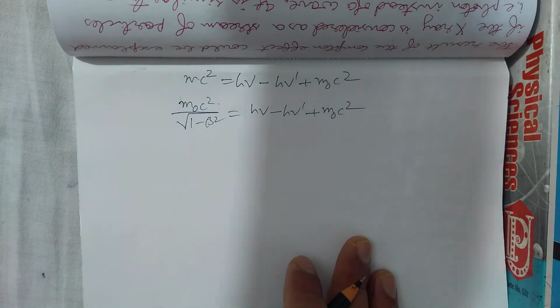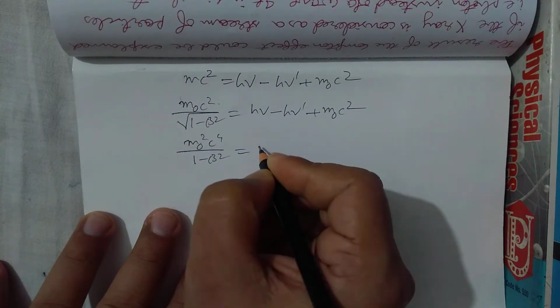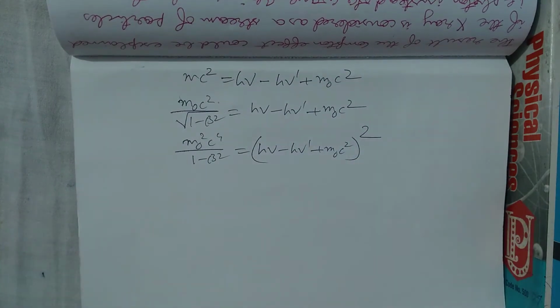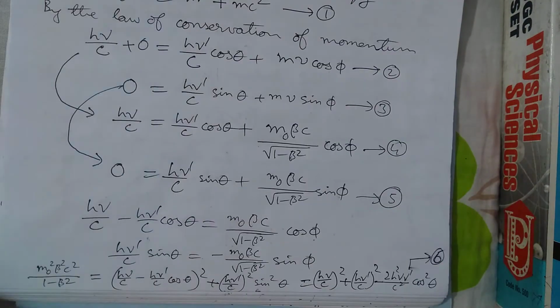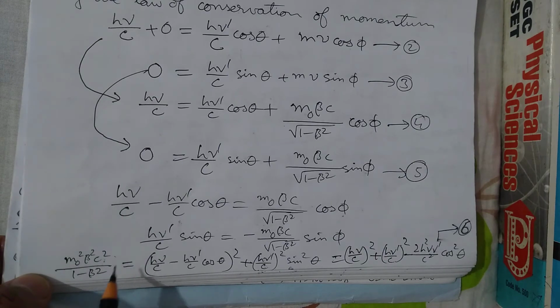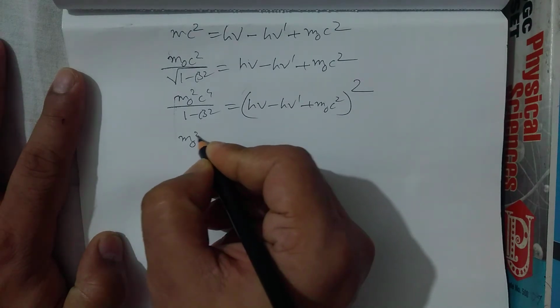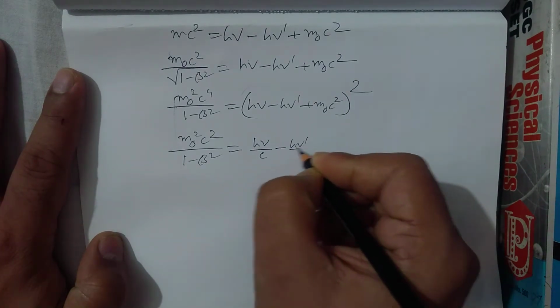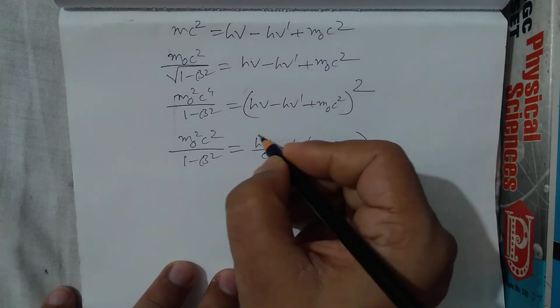Now if you square both sides, what will you get? m naught square c to the power 4 by 1 minus beta square is equal to h nu minus h nu prime plus m naught c square, whole square. To make this simpler, instead of c to the power 4, we bring in c square, so divide both sides by c square. So m naught square c square by 1 minus beta square is equal to h nu by c minus h nu prime by c plus m naught c, whole square.